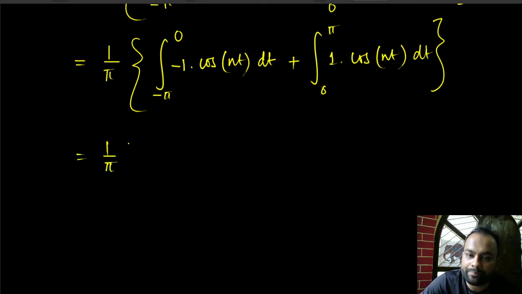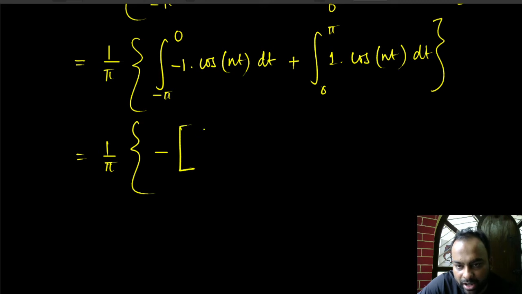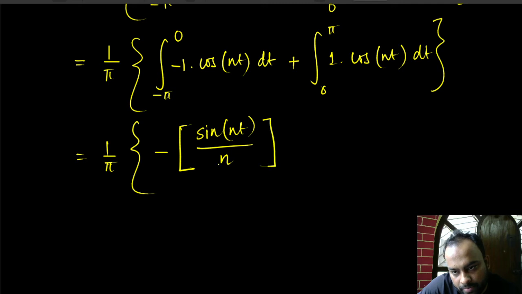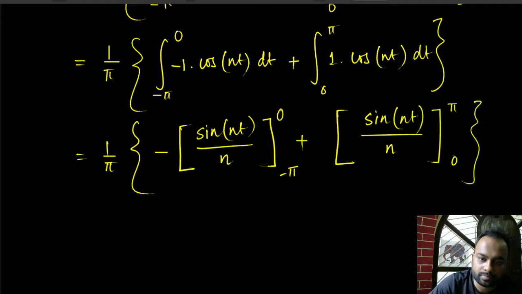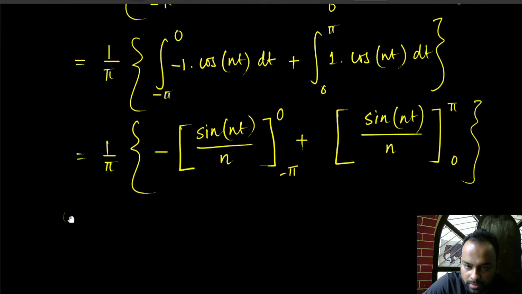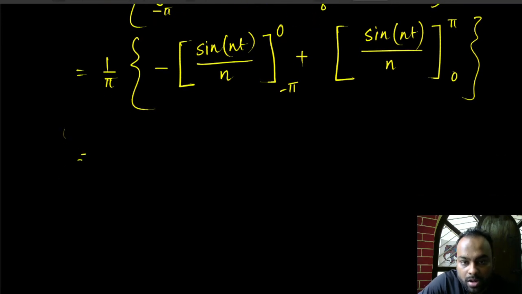So again, what is the integration here? There will be a minus because of the minus sign, and I will have sin nt by n from minus pi to 0, and a plus sin nt by n from 0 to pi. I'm taking 1 by n outside.